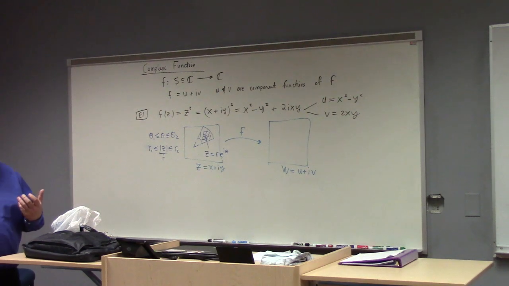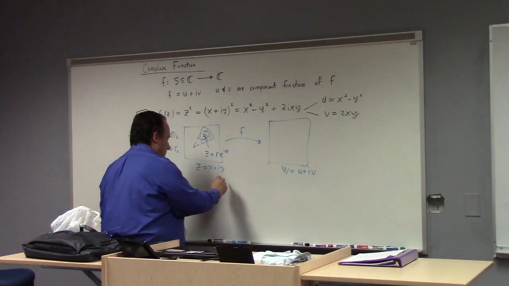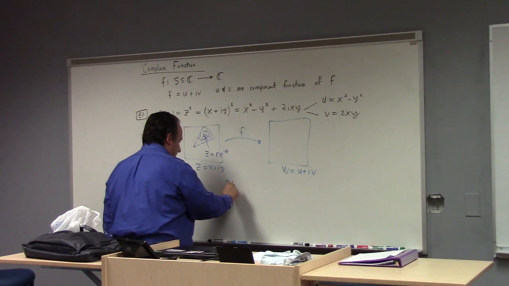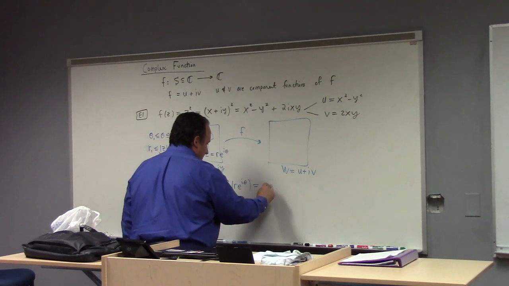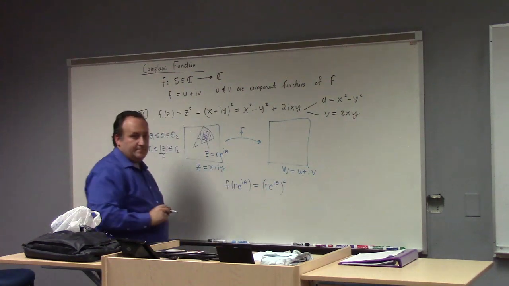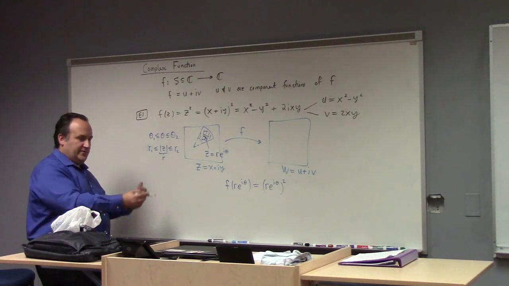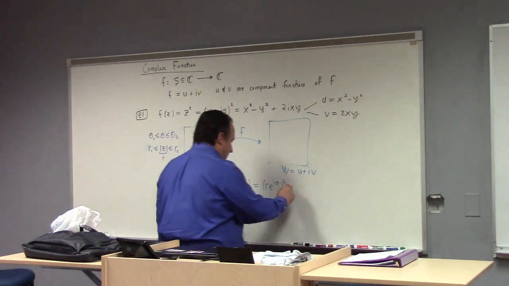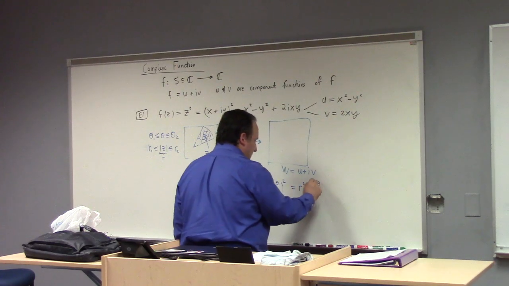And then we can study, where does that sector go to under the square map, right? And so how would I figure that out? Well, I feed a typical point into my map, and I see where it goes. My map says square it, right? And then we square the polar form. What do we get? We get ourselves an r squared e to the 2i theta, right?